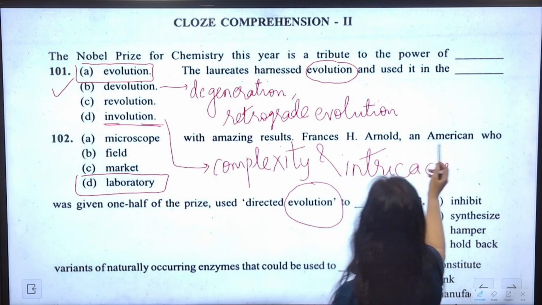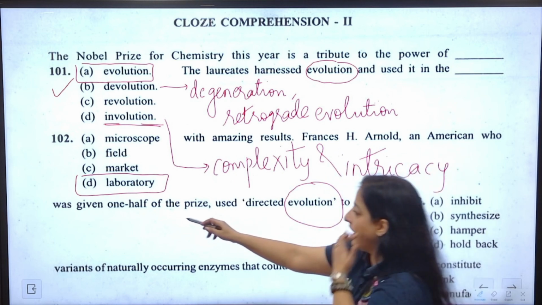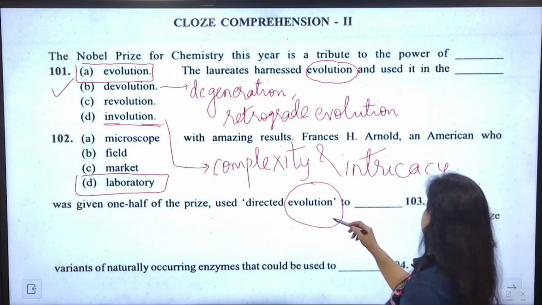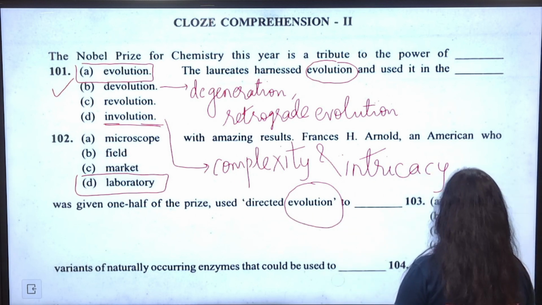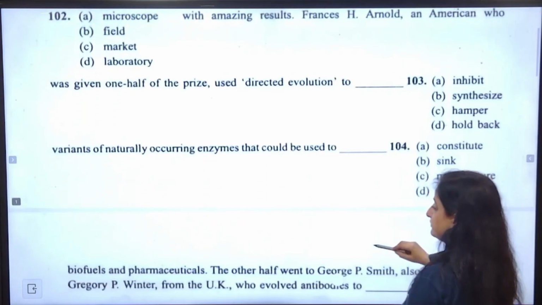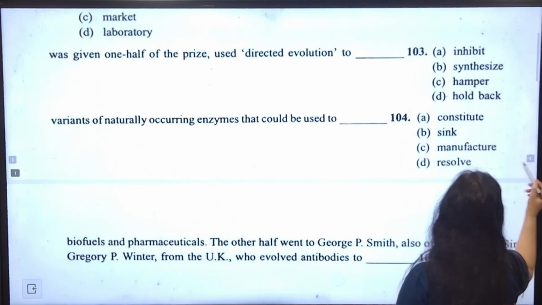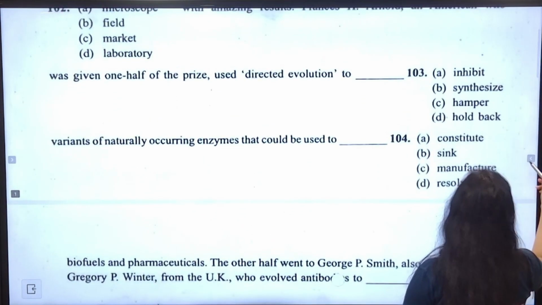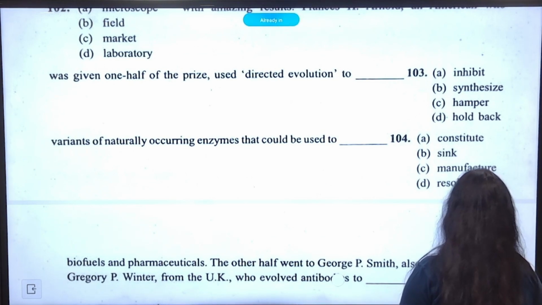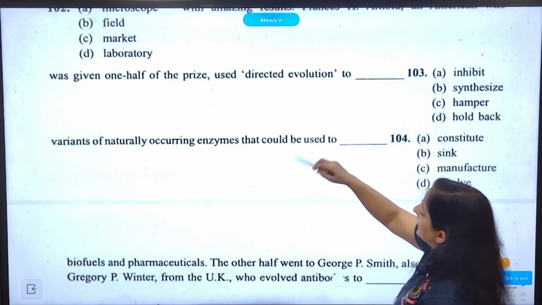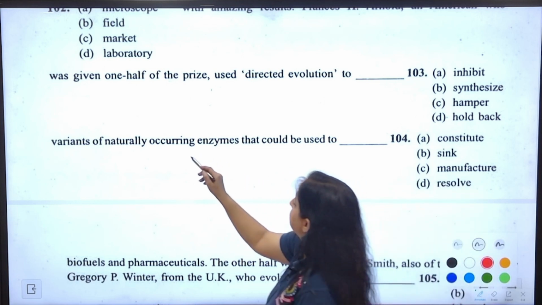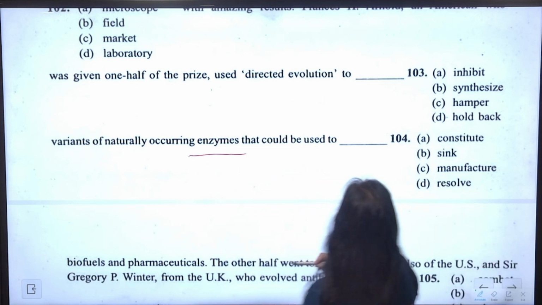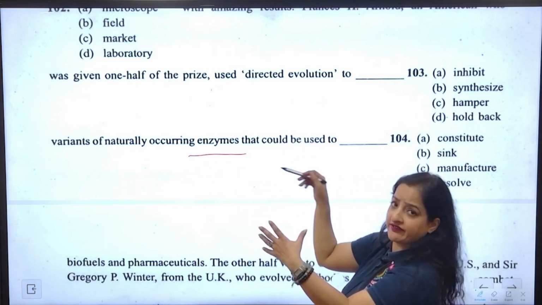Then this person, an American who was given 1/2 of the prize, used directed evolution to, why did he use directed evolution to dash enzymes? Now what do you do to the enzymes? At least what did these people do?